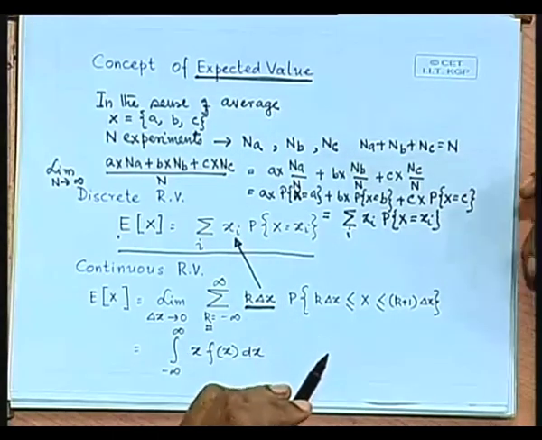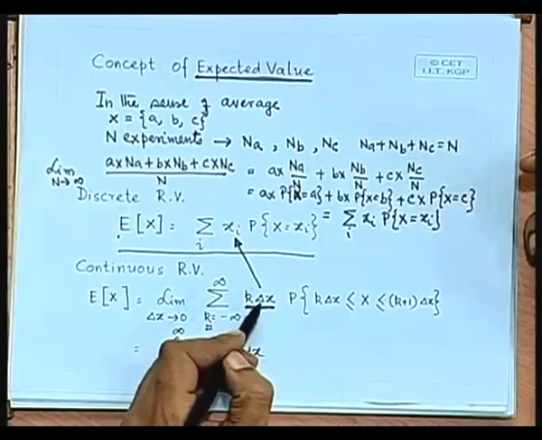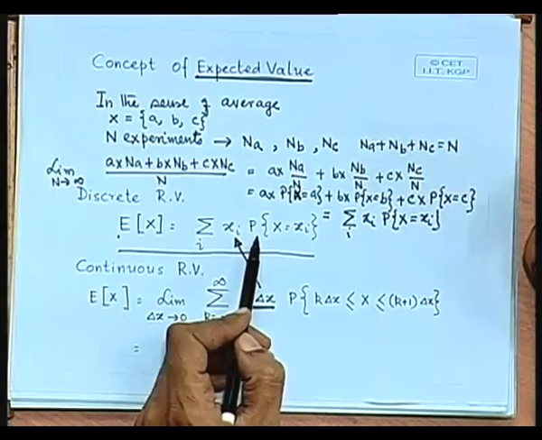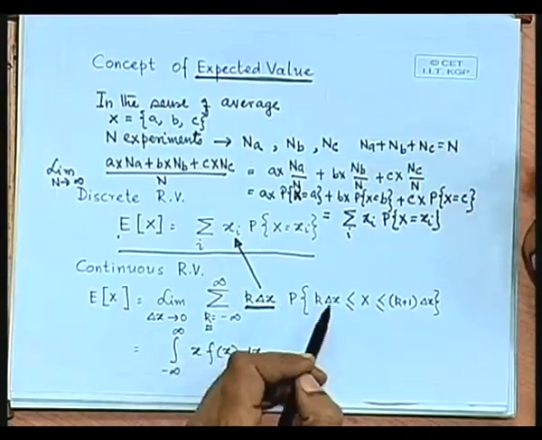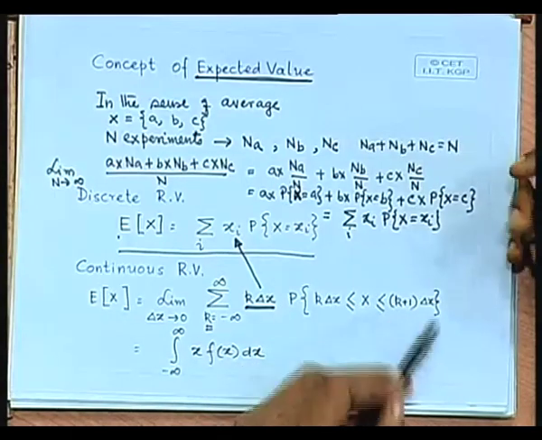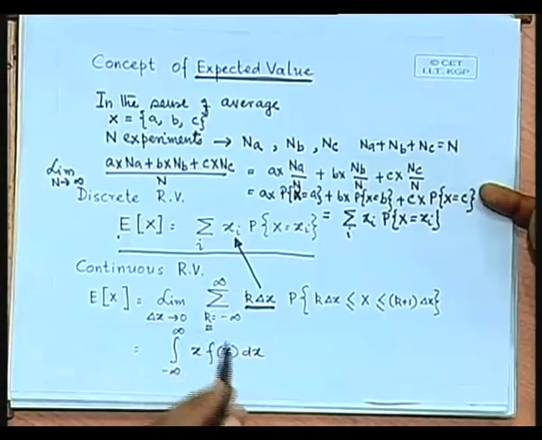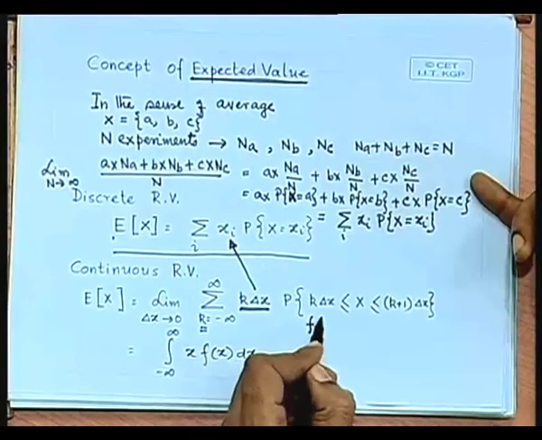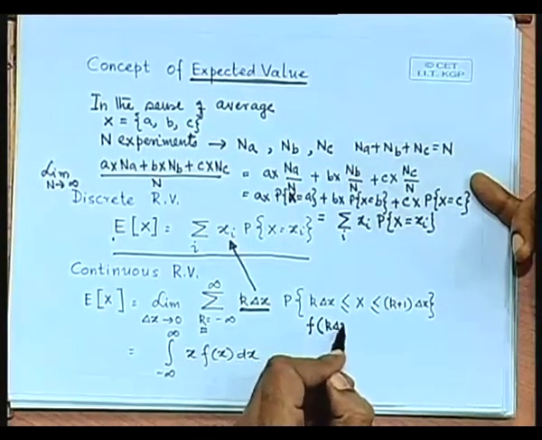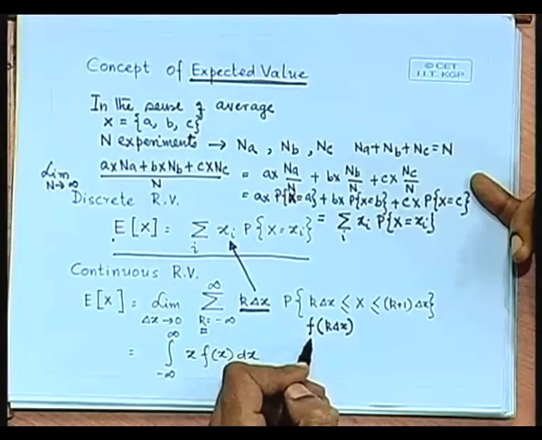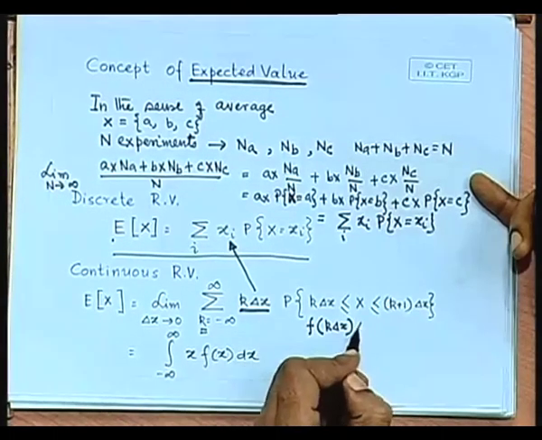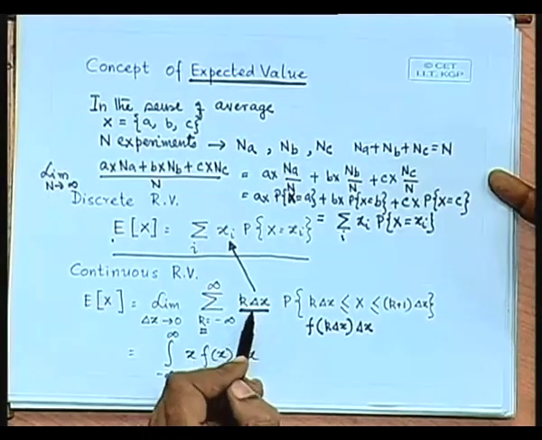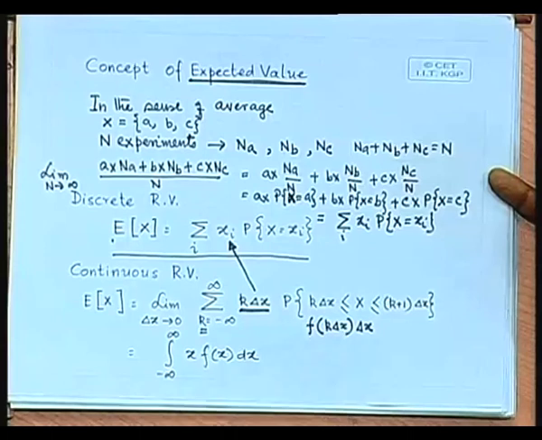So what is the probability that it falls between k delta x and k plus 1 delta x? That probability is nothing but f of k delta x, where f is the probability density function, into delta x.